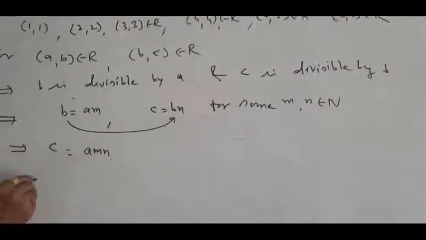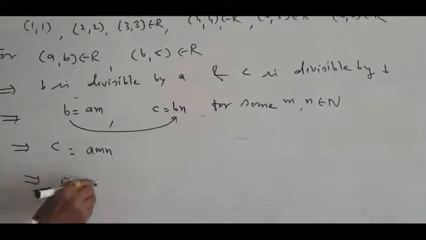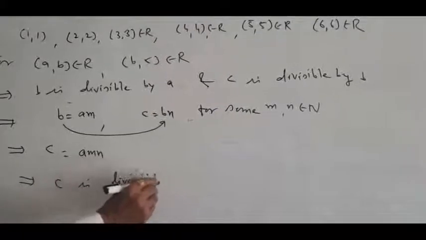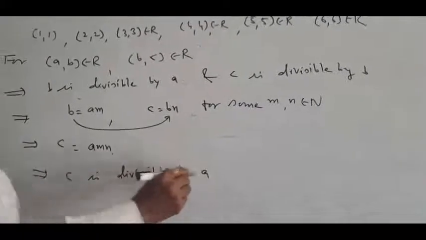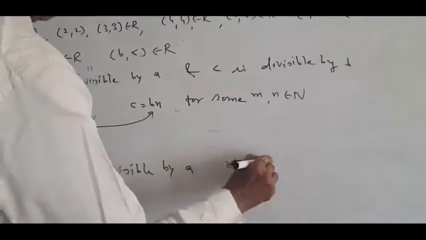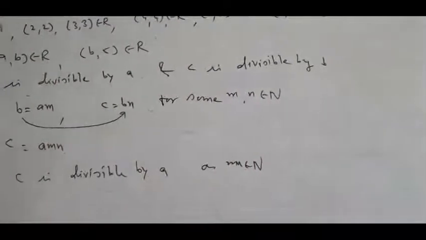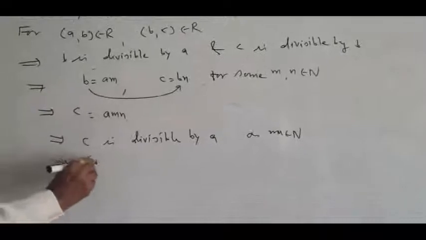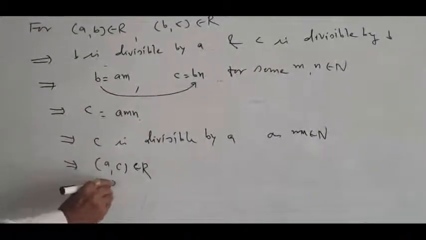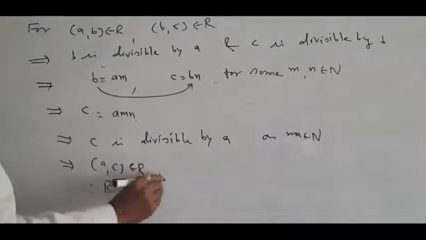Therefore, c is divisible by a, and mn belongs to N. This implies (a, c) belongs to R. Therefore, R is transitive.